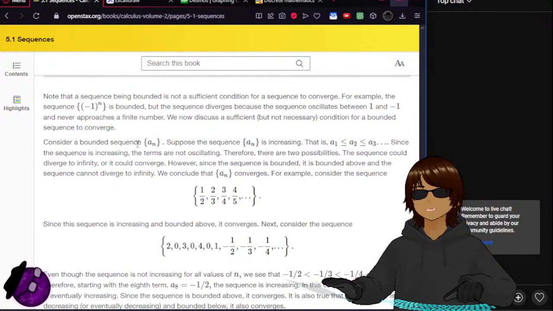Consider a bounded sequence a_n. Suppose the sequence a_n is increasing, that is a_1 less than a_2 less than a_3. Since the sequence is increasing, the terms are not oscillating. Therefore, there are two possibilities: the sequence could diverge to infinity or it could converge. However, since the sequence is bounded above, it cannot diverge to infinity.